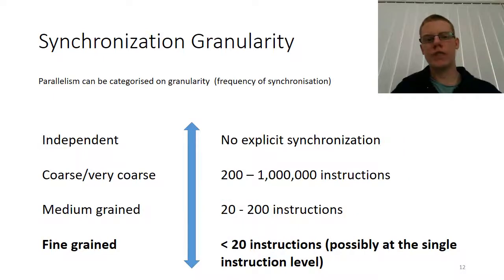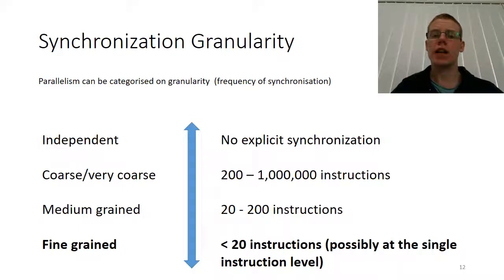And at the very furthest end from independent parallelism is fine-grained parallelism. This is an even more complex use of parallelism than we would see in the use of threads, for instance. This requires that the programmer may use special instructions or write inherently parallel programs.